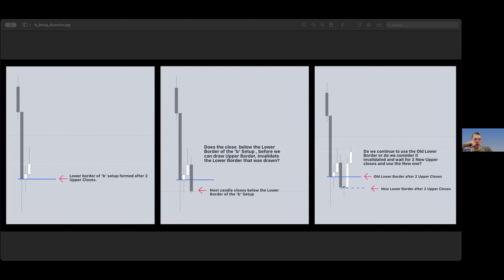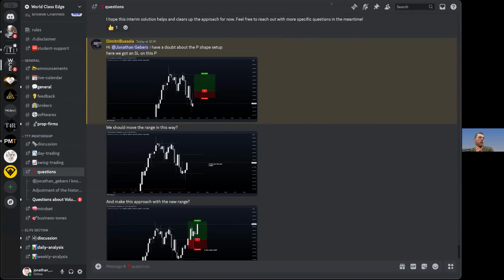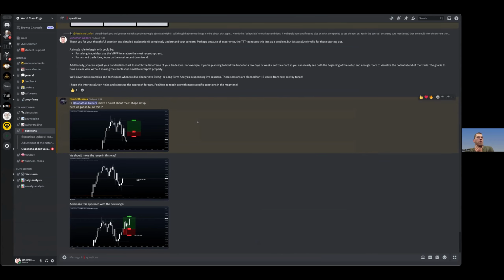Okay, let me check the following one. I have a doubt about the P-shape setup. Let me share my desktop, my Discord.